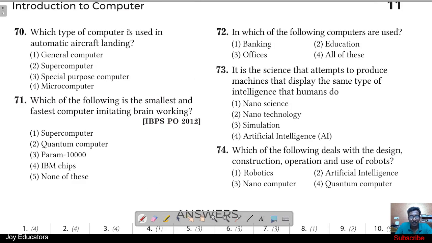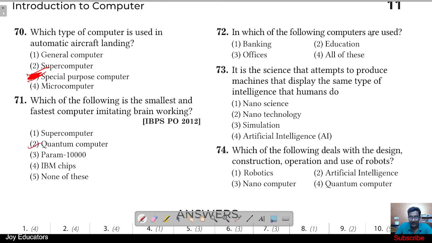Alright, so which of the following computers is used in automatic aircraft landing? Special purpose computers. Okay. So second, which of the following is the smallest and the fastest computer? Quantum computer. Yes, that's really good, man.